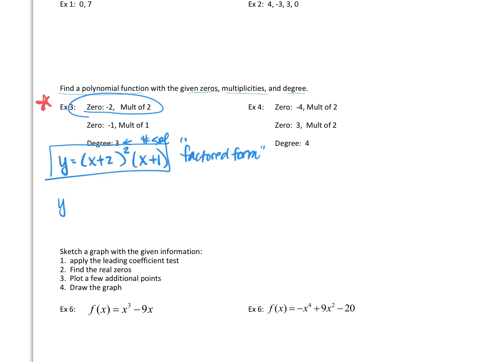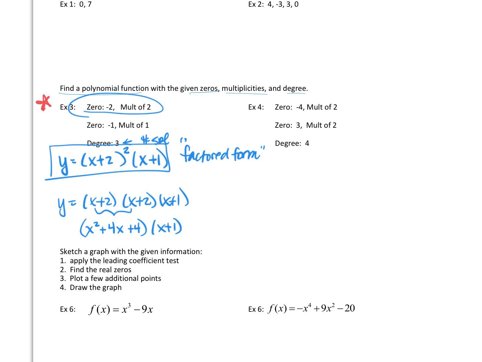So that would mean I would need to take x plus 2 times x plus 2 times x plus 1 and multiply it all out. And you're like, how the heck do you do that? Well, baby steps. Let's just FOIL it, all right? We're going to FOIL the first two. So I have x squared plus 4x plus 4 times x plus 1.